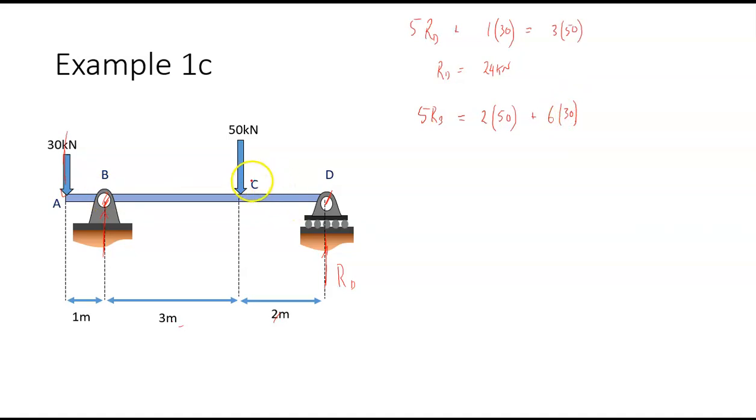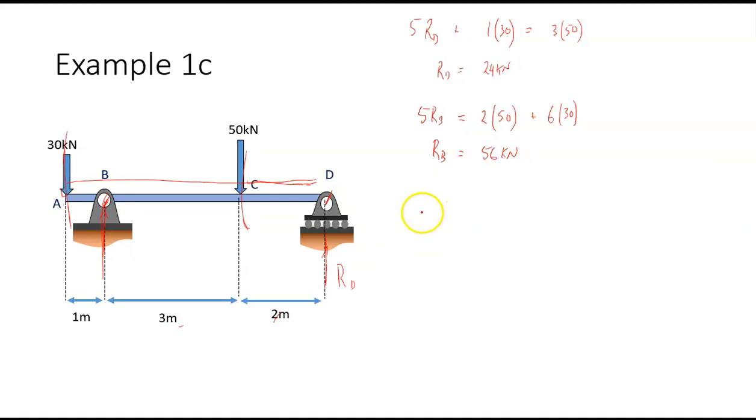So we have this 2 by 50 going that direction and 6 by 30, and that's counteracted by this one. And when we solve that, we get RB is equal to 56 kilonewtons.